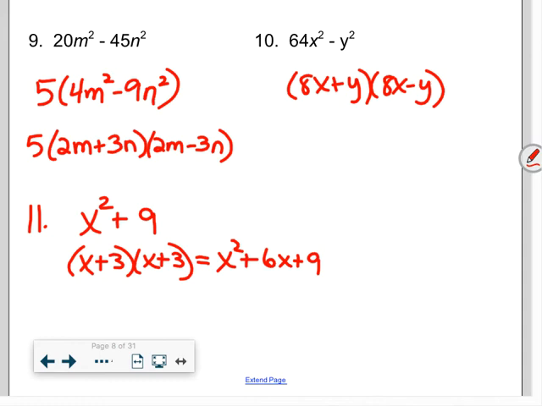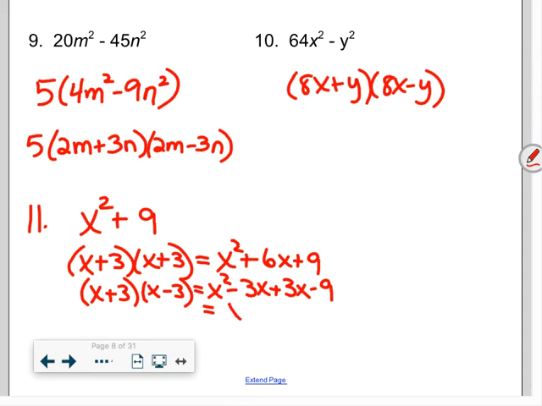It didn't work. Now, you might say, if I make one a plus and one a minus, that's x squared minus 3x plus 3x minus 9. Hey, that's going to make the outer and the inner cancel, but what's my problem? It's a subtract. This doesn't work.